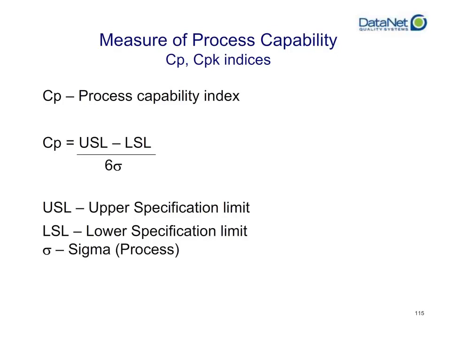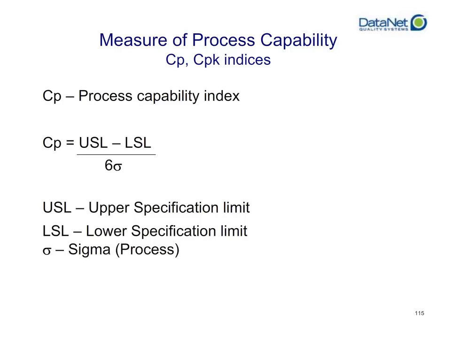So how do we measure the capability of a process? We have some key indicators that we can use to indicate how capable our process is. Cp is one of the most commonly used numbers that is calculated, and that is the process capability index.